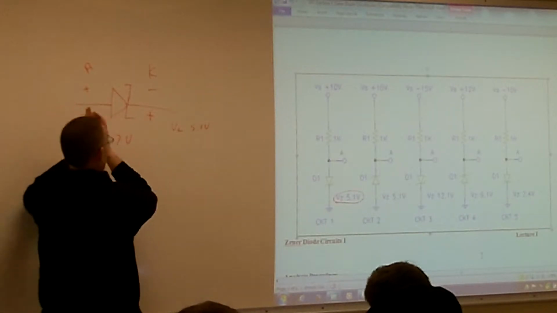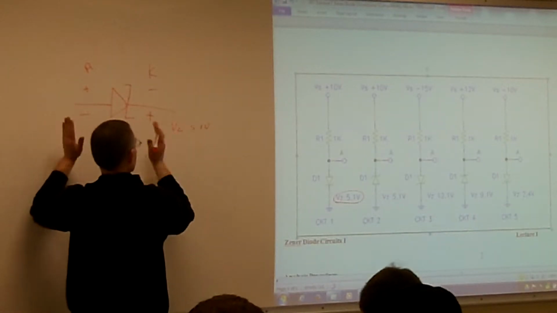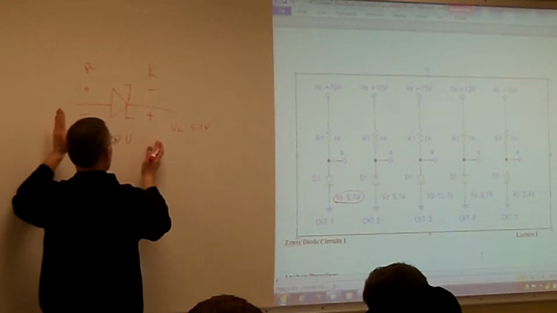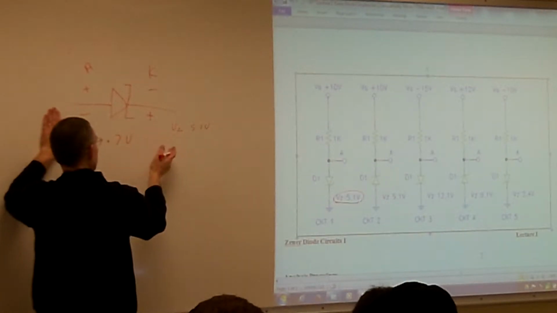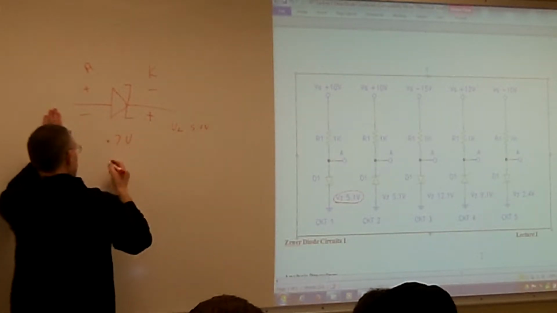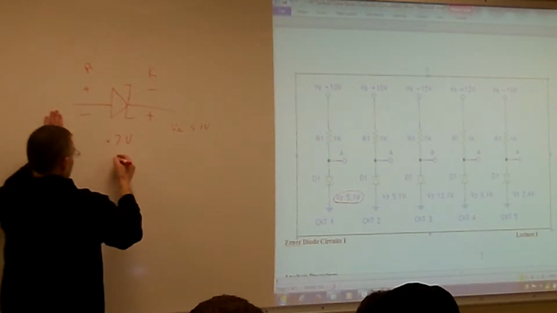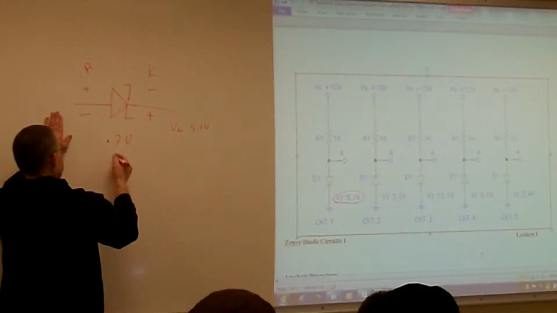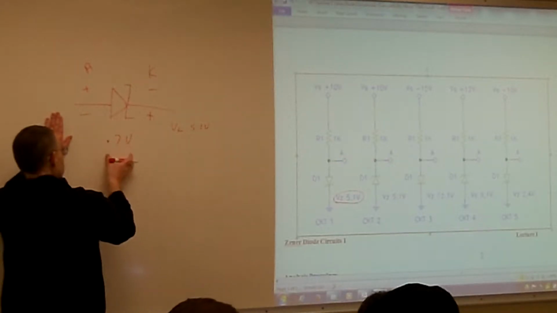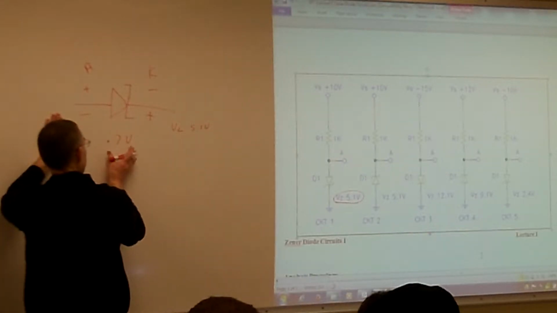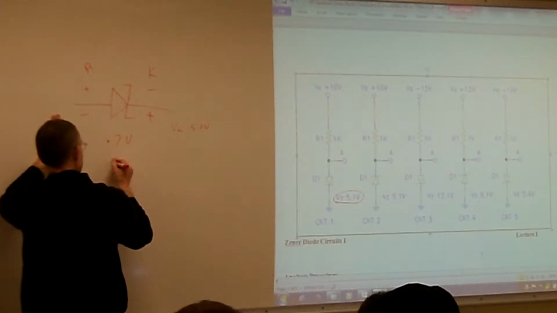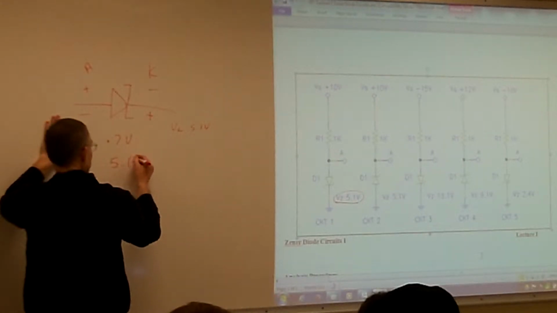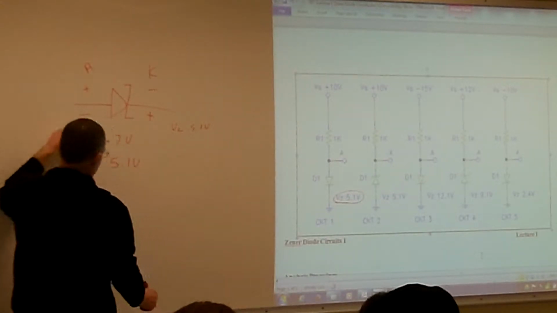Once we get to be more negative on our anode by the Zener voltage, then that Zener is going to drop whatever the Zener voltage is. So on this one, the voltage across the Zener is going to drop down to 5.1 volts.